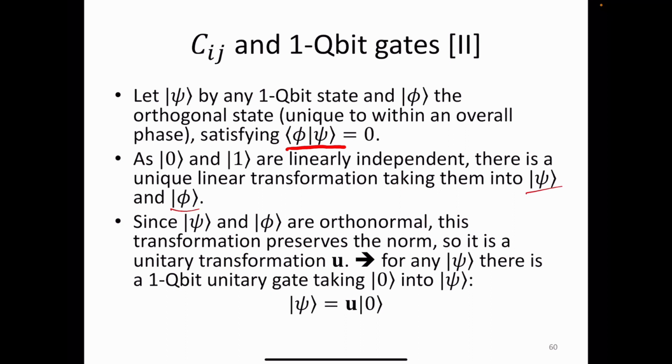Since psi and phi are orthonormal, meaning orthogonal and of unit length, this transformation preserves the norm, so it is a unitary transformation, U. For any psi, there is a 1-qubit unitary gate taking the state 0 into psi, which is just the gate state psi, as we saw before, a unitary applied to the definite state.